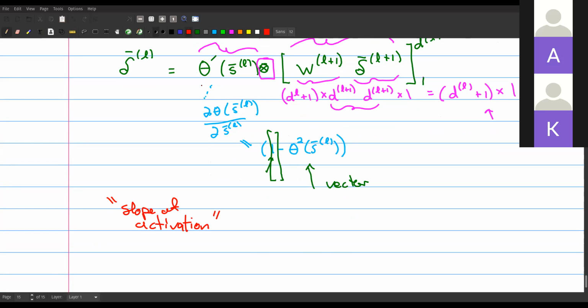So that is what this quantity is, times the size of weights connecting the next layer. And that's what this W is, times the sensitivity of the next layer.